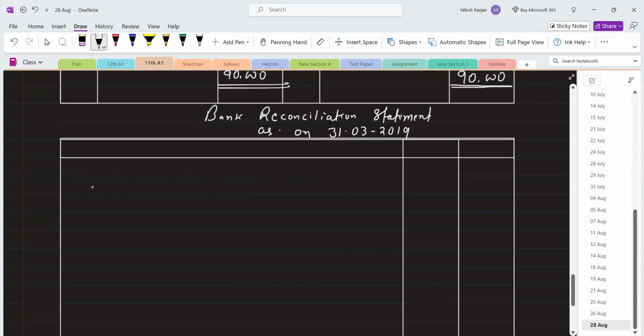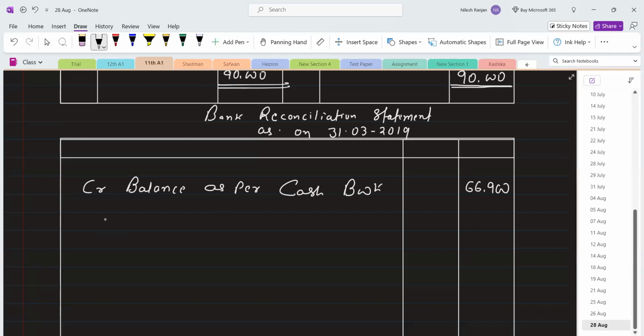Now this balance, credit balance as per cash book, will be used as the starting point. 66,900 or 63,900, whatever the case may be, how you have solved. I have shown you both ways to solve. So add or less.